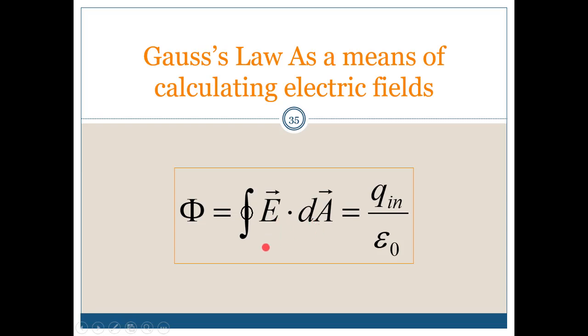So it can also come out of the integration, and we're going to have this flux expression not as the integral of E dot dA, but as E times A times cosine of a fixed number. All right, so for us to be able to do that, we need to choose a Gaussian surface around our charge, and we need to choose one specific surface that can give us that freedom to get rid of integration.